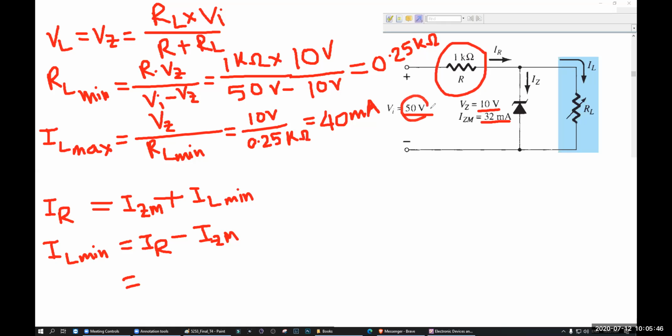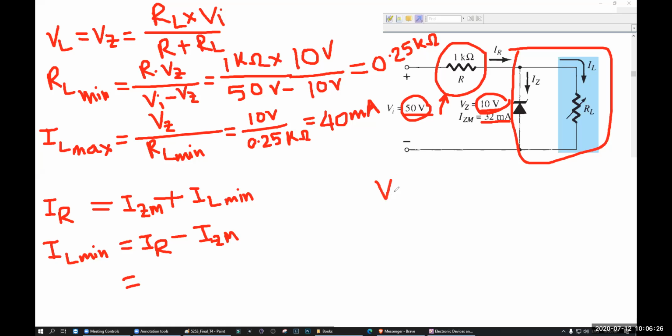If we give 50 volt and we get 10 volt fixed here, how much voltage will you get here? 40, exactly, 40.